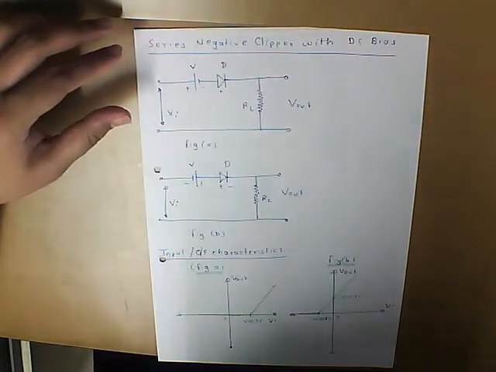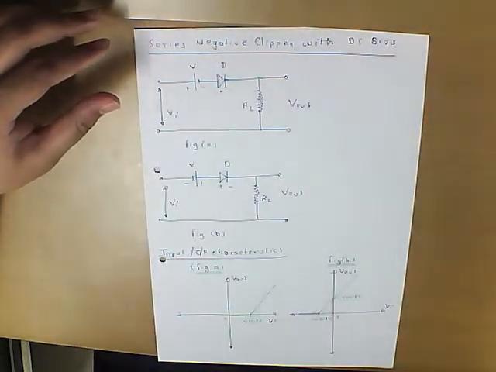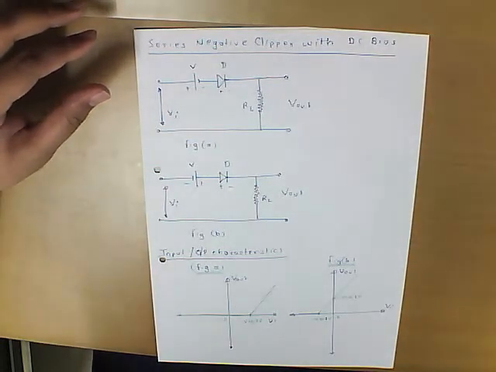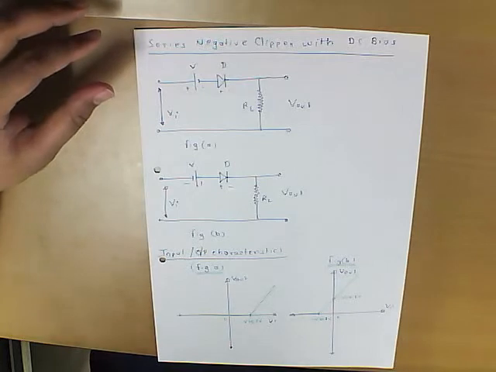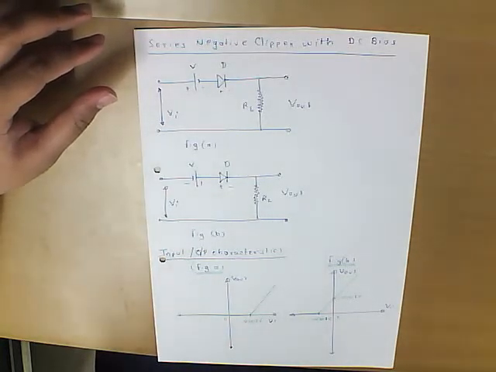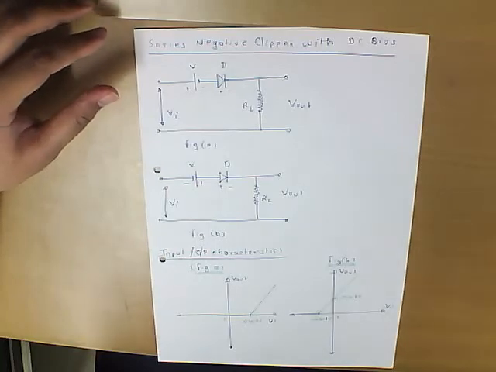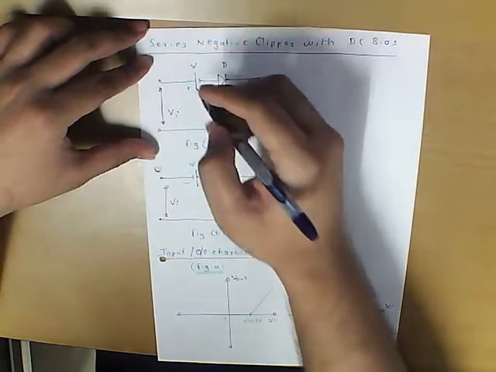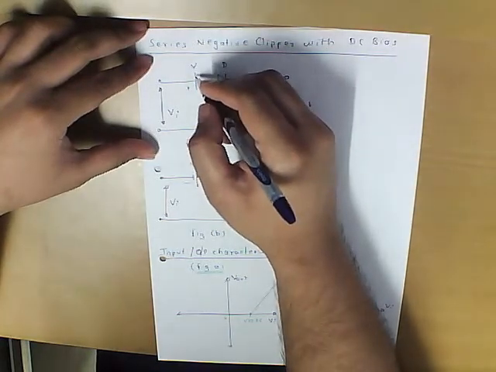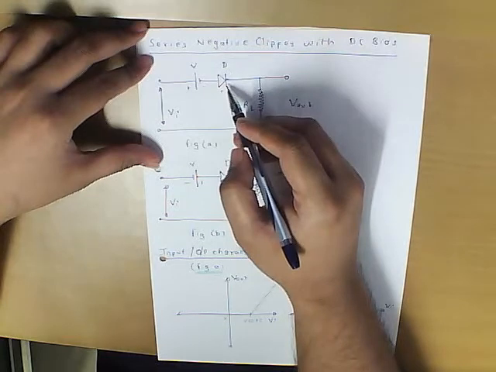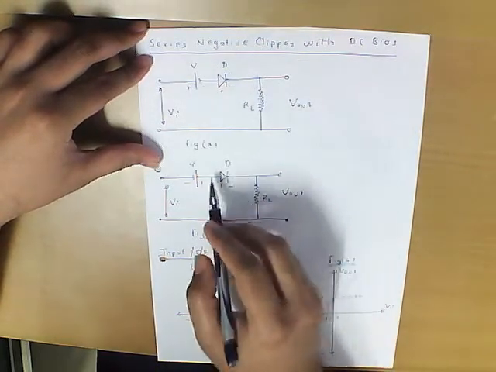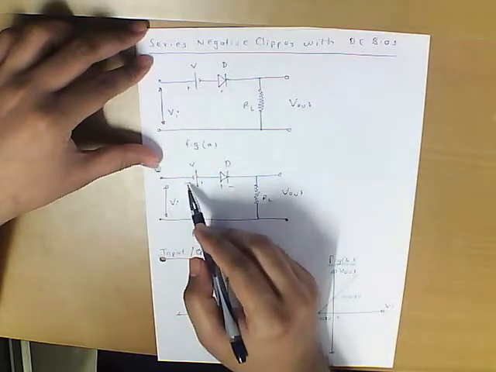Then we have a special class of clippers. Now we have seen the series negative clipper and a series positive clipper. If now there is a bias in series with the diode, we can have two types of bias. In the first circuit, figure A, we have a bias in series with the diode, and in the second circuit the direction of the diode is the same, but what is reversed is the polarity.